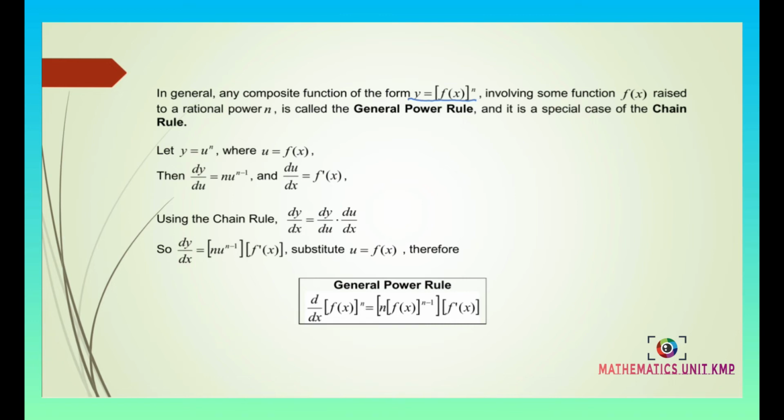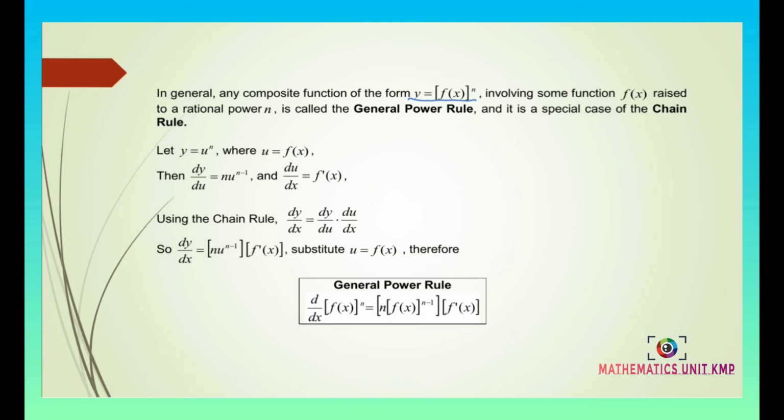We substitute u equal f(x). Then we differentiate y with respect to u, and we get n u power n minus 1. And then we differentiate u with respect to x, and we get f prime x.